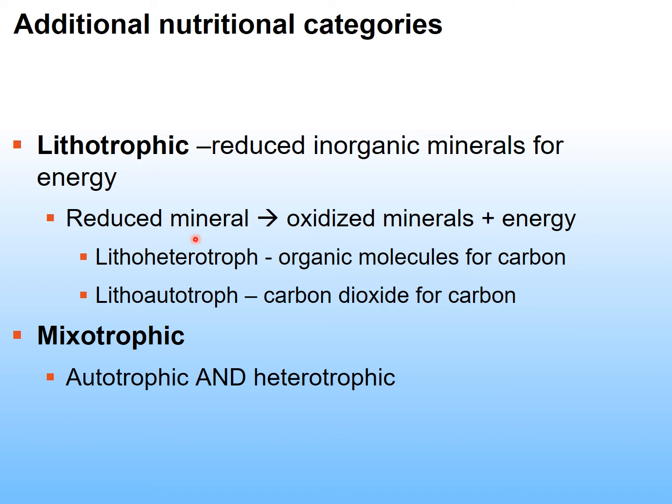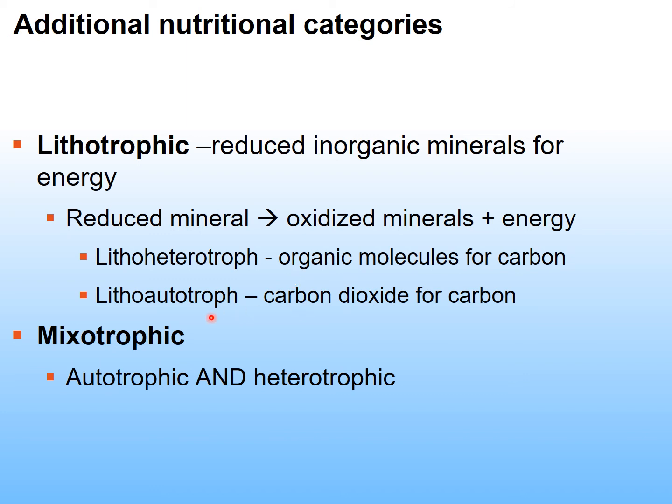Now, when we look at heterotrophs versus autotrophs of the litho type form of energy, we have lithoheterotrophs, which are just basically going to get the energy from the reduced inorganic minerals, but the carbon is going to come from organic molecules. And then the lithoautotroph is going to, of course, use the reduced inorganic minerals for energy.